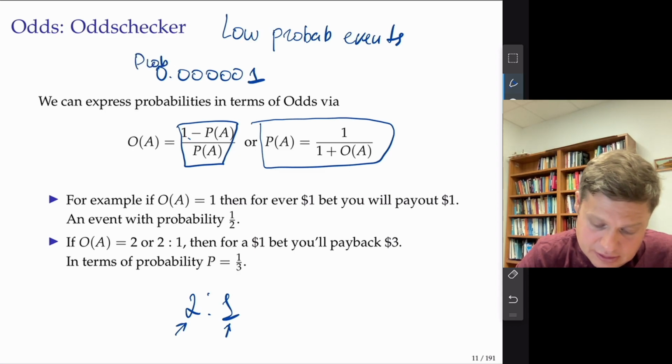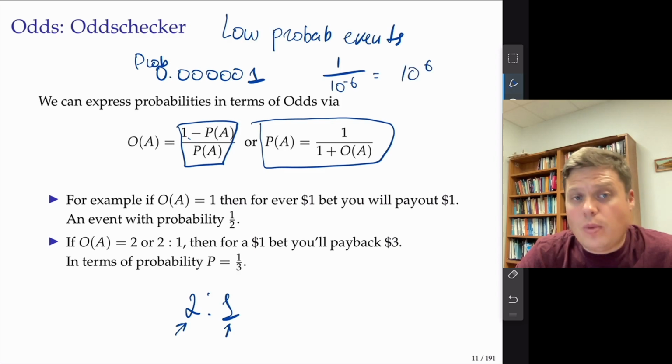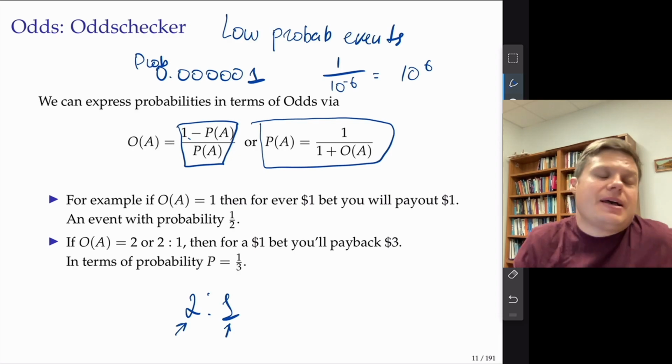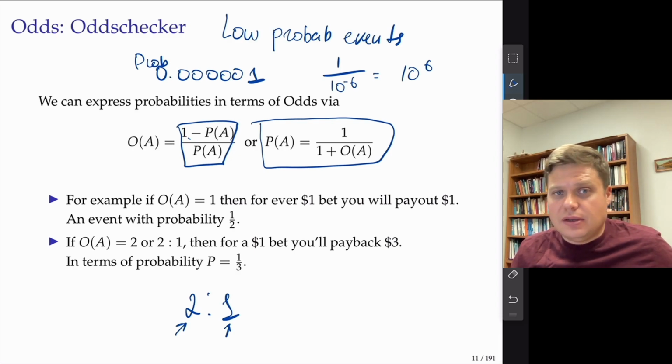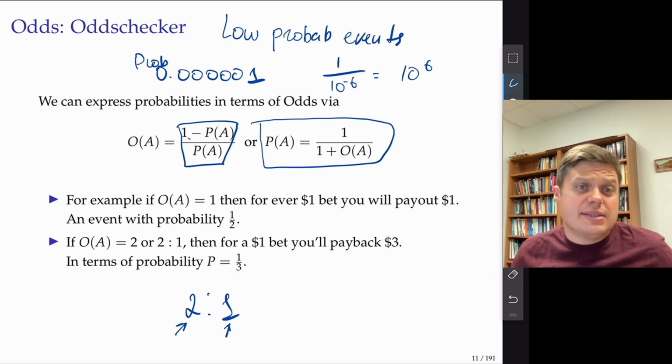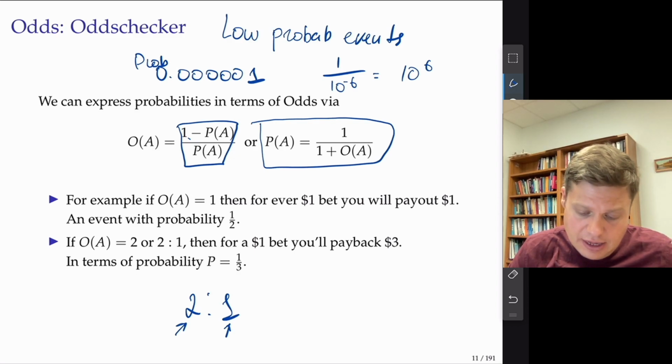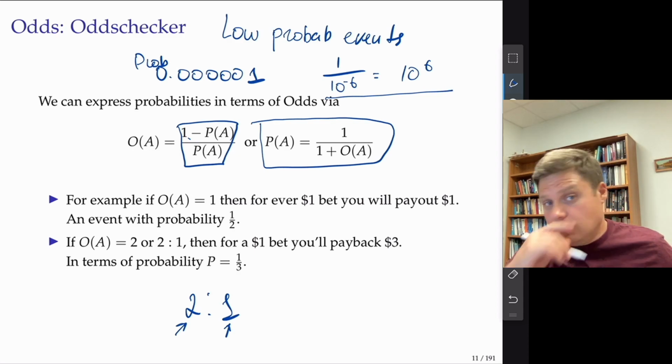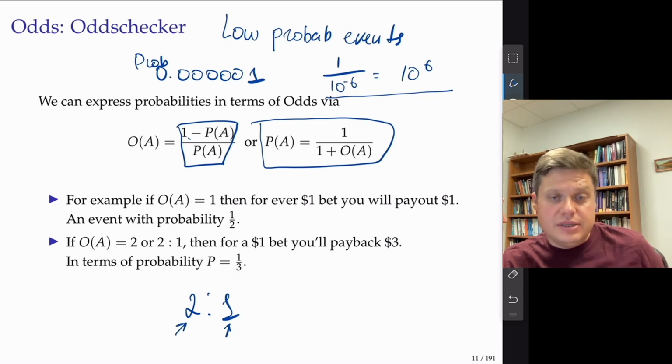On the other hand, the odds will be basically 1 divided by 10 to the negative 6. So it's 10 to the power 6, essentially 1 in a million. When you say probability 10 to the negative 6 versus odds is 1 in a million, for some people it's more intuitive and clear when you say this information in terms of odds rather than probabilities. And I think odds are quite convenient to use when you talk about those low probability events.